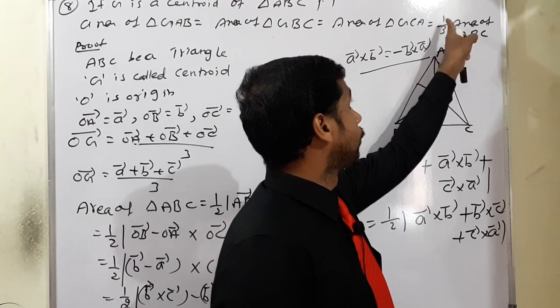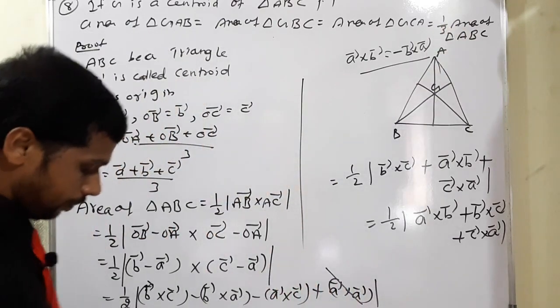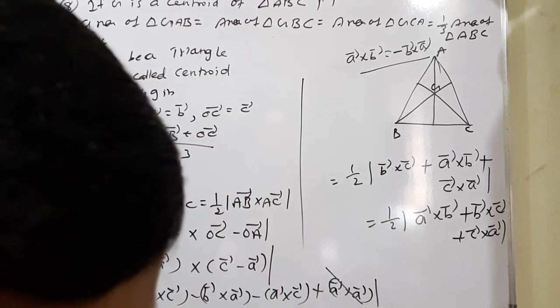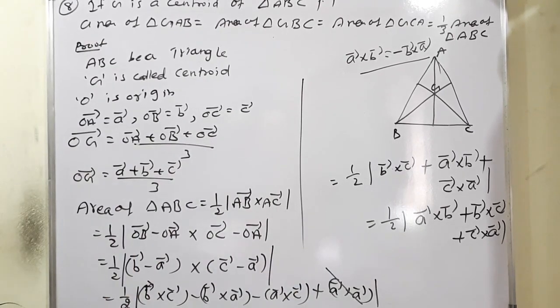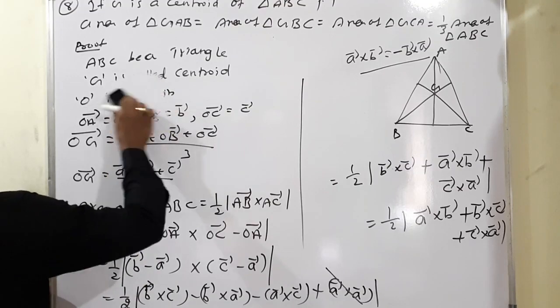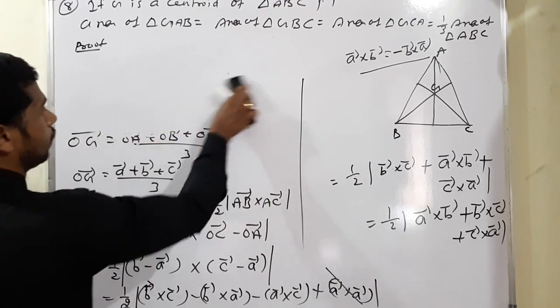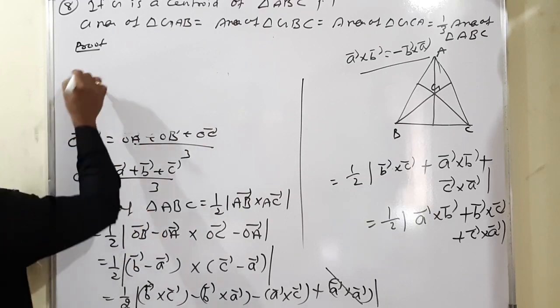This is what we need, because we have to prove 1 by 3 into area of triangle ABC. Did we prove the value?